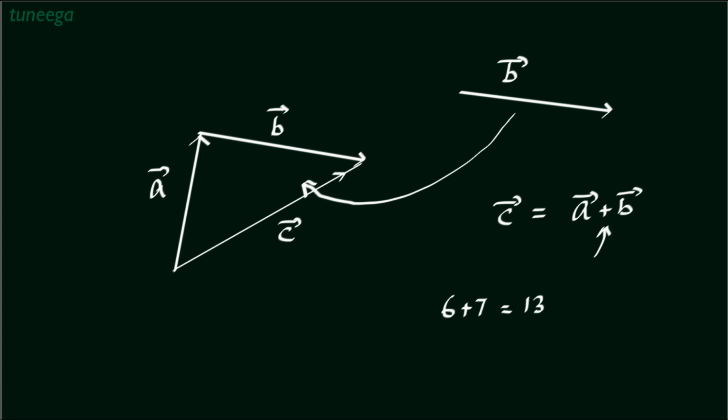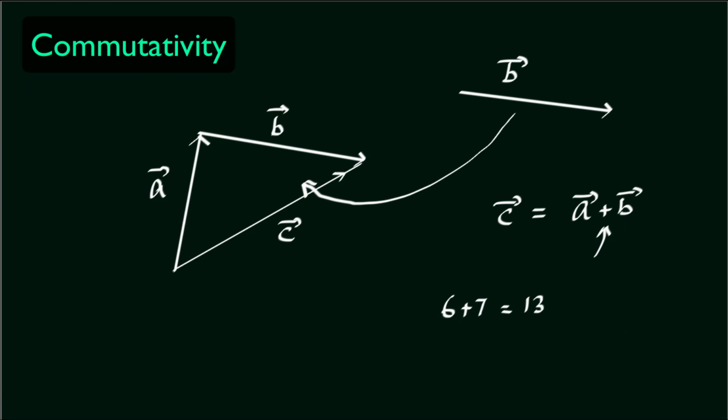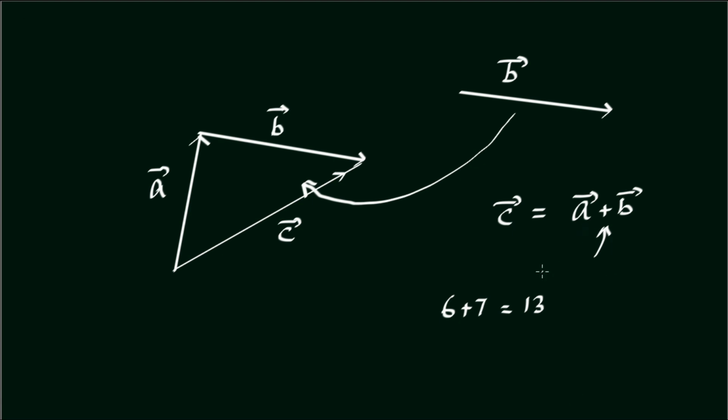Now vectors have a property which is similar to addition, which is commutativity. What does commutativity mean? Commutativity means it doesn't matter in which order you add the vectors. A plus B will always be equal to B plus A. Let me prove that. Supposing we have vector A and let's say vector B. So once again, we start with adding A and B. So what should I do?